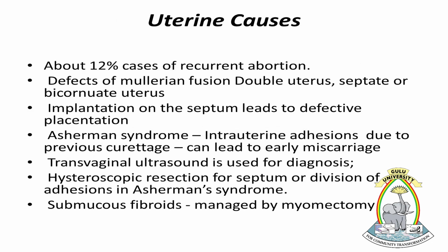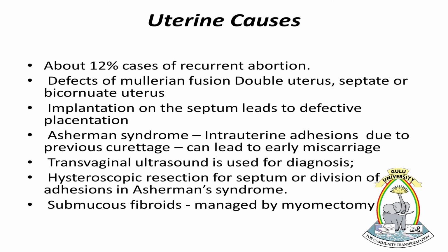The uterine causes account for up to 12% of recurrent pregnancy loss, maybe because of Mullerian fusion defects. You need to review the Mullerian duct, how it develops into the upper third of the vagina, the cervix, and then the uterus, and then the uterine tubes.